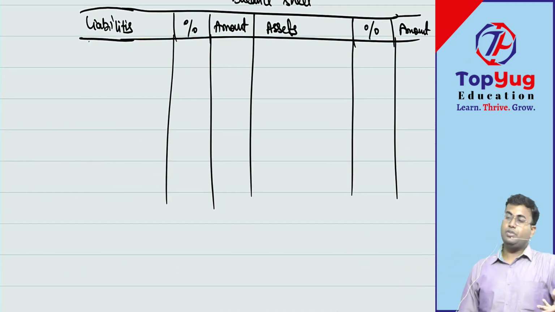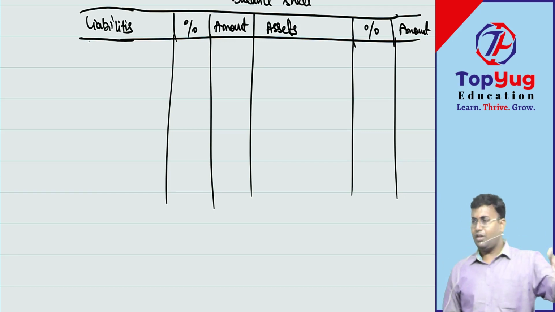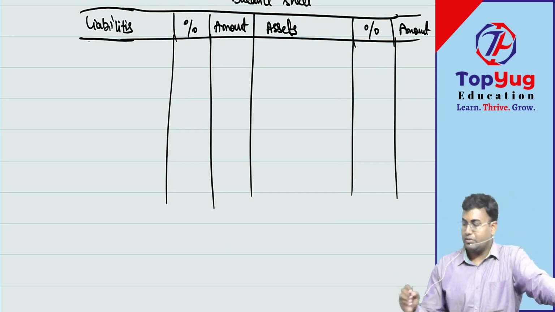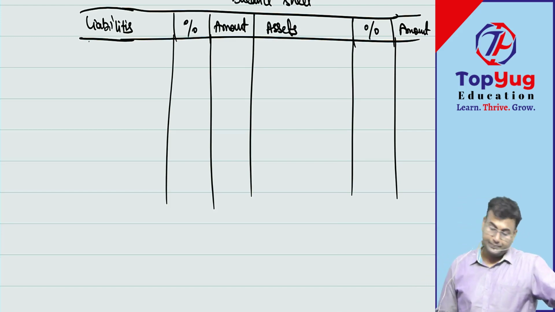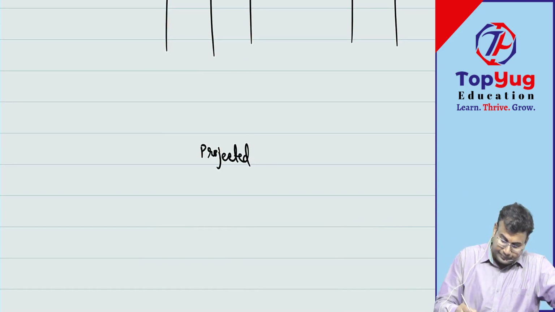Sir, we don't know the numbers. Each number has to be calculated. That's okay, there's no problem with that. We'll solve the numbers. But the first page should be the balance sheet, and subsequently you can also have a P&L. Once you have made the balance sheet, then the projected profit and loss account.